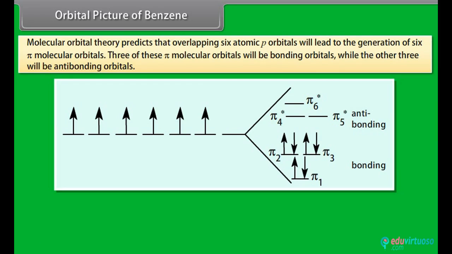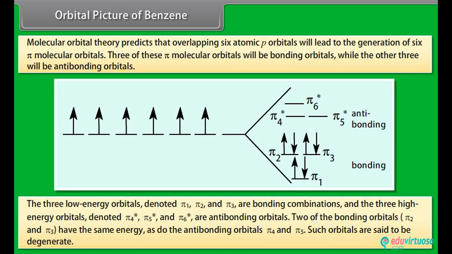Molecular orbital theory predicts that overlapping 6 atomic p orbitals will lead to the generation of 6 pi molecular orbitals. 3 of these pi molecular orbitals will be bonding orbitals, while the other 3 will be anti-bonding orbitals, as shown in the figure.